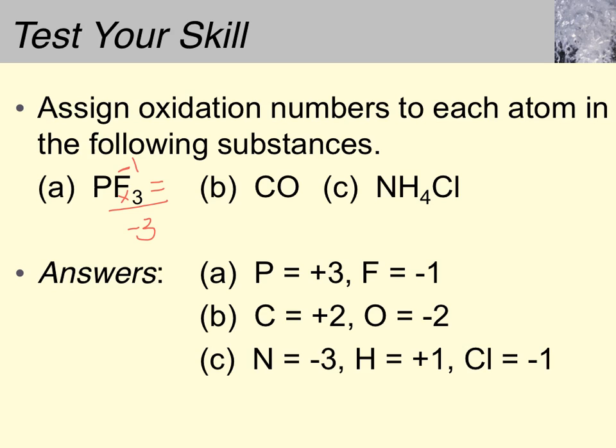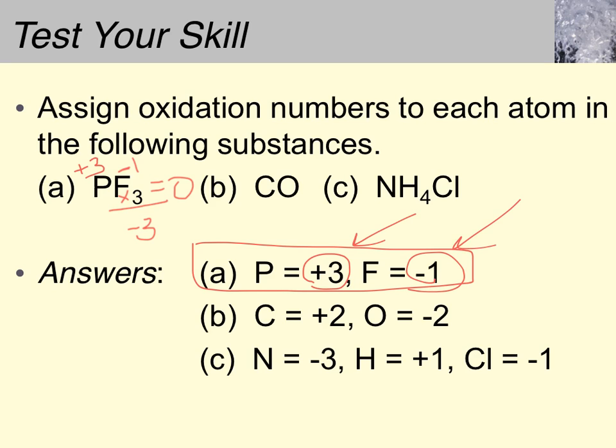Since this phosphorus trifluoride has a 0 charge overall, that means that the oxidation number of phosphorus must be +3. Okay? And here we go. The oxidation number for phosphorus is +3, fluorine is -1. Again, you just give the oxidation numbers for one of each of the atoms.